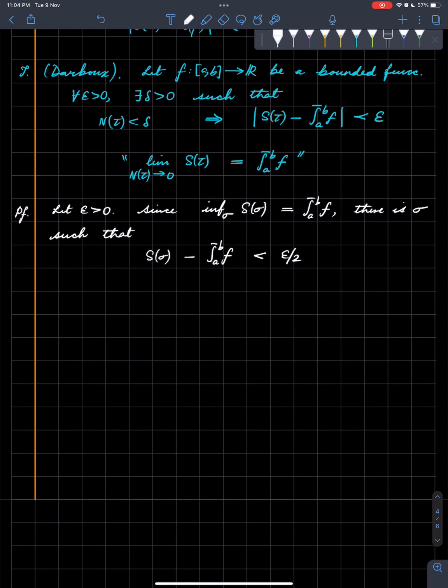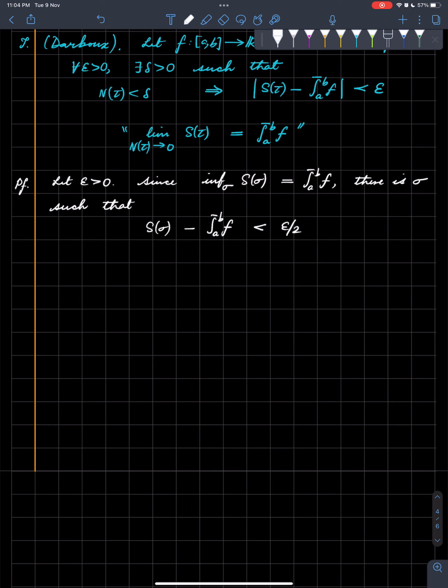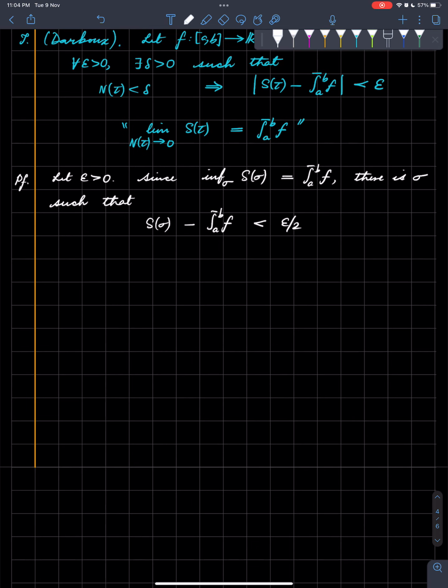Right, so this is immediate from this. Okay, so say sigma is that, and here's the thing. So we construct a delta. So let delta be equal to this number, and you'll see why we are defining it in this fashion.